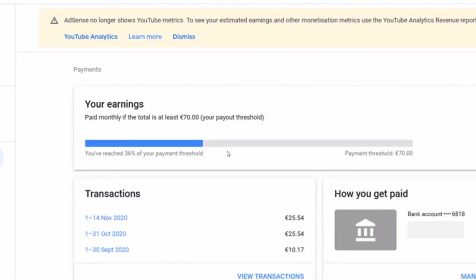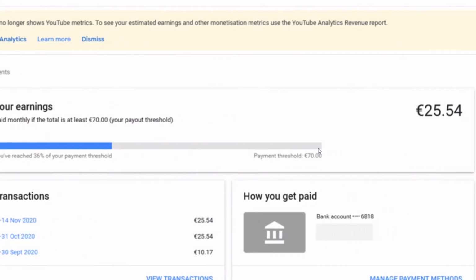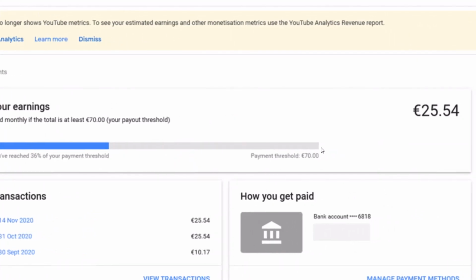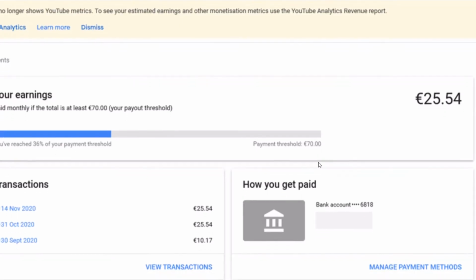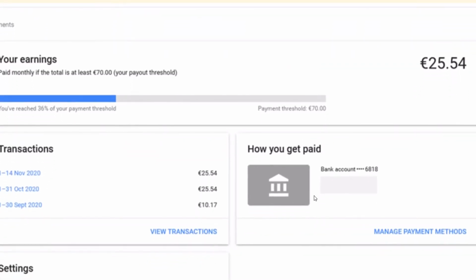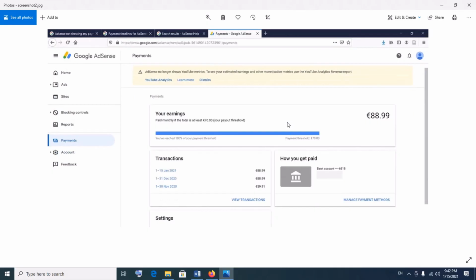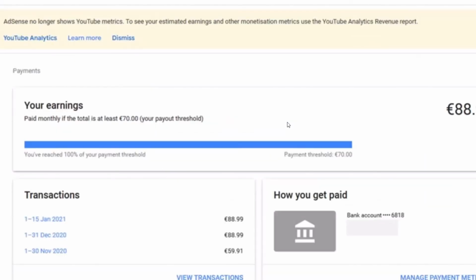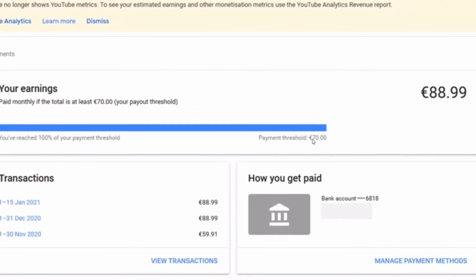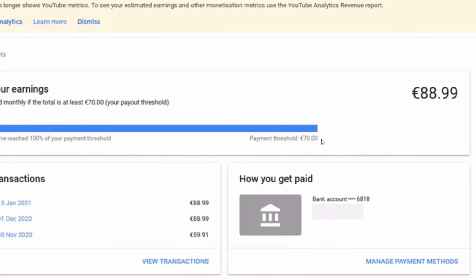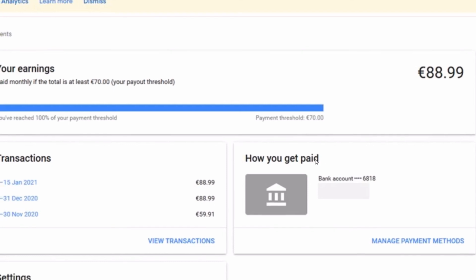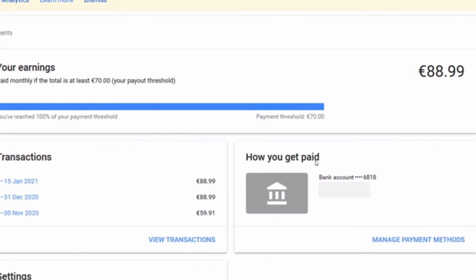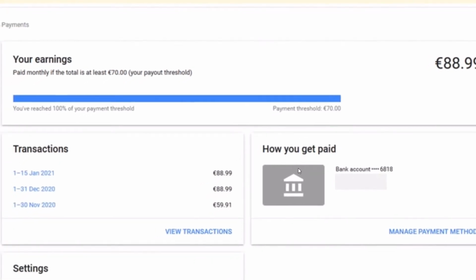Now when you finally reach the payment threshold, it doesn't mean that on the day of your last payment, the money will be transferred directly into your bank account. You will have to wait for some time. They are saying that you will have to wait for 4 to 10 days in case you are using EFT or electronic funds transfer.